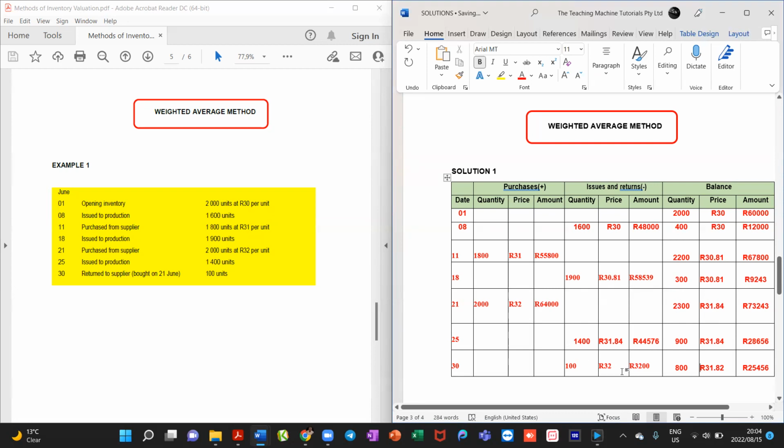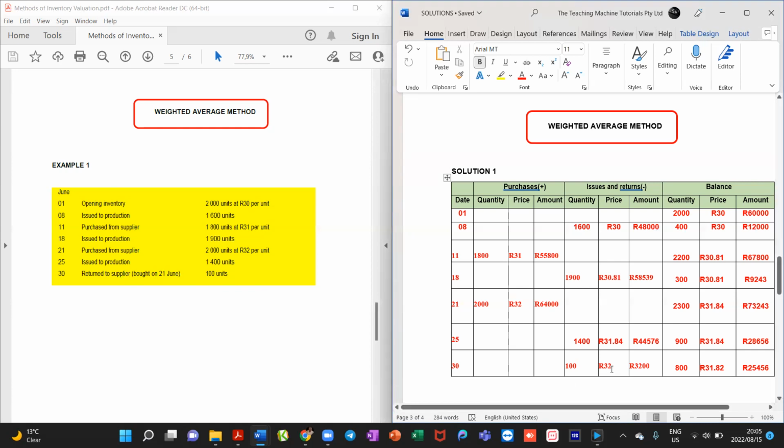Again, you're not going to work out the average price whenever there's purchases, but if there's returns to the supplier and the price is different from what you have, then you will have to work out an average price. They have specified that these are the units bought on the 21st of June because they want us to work out an average price.